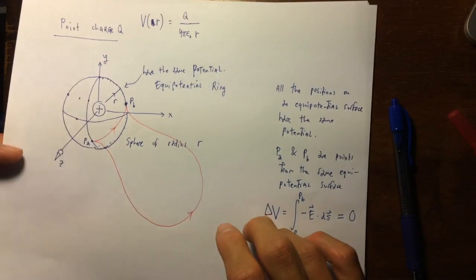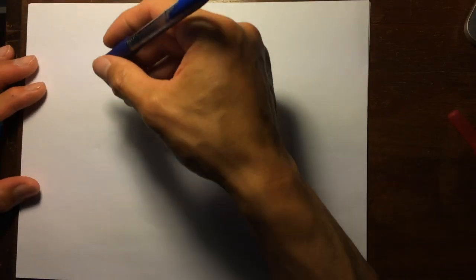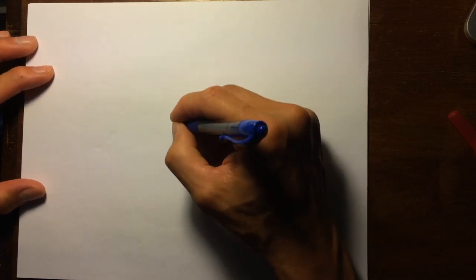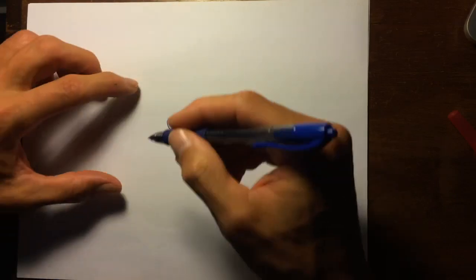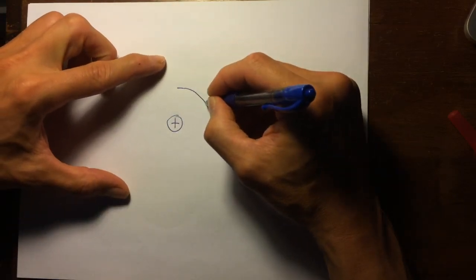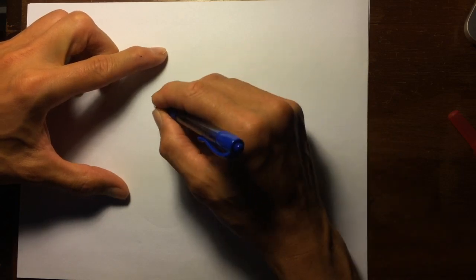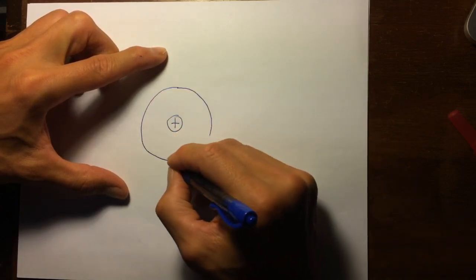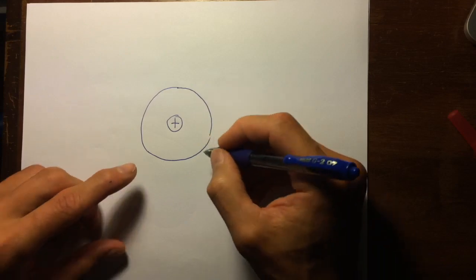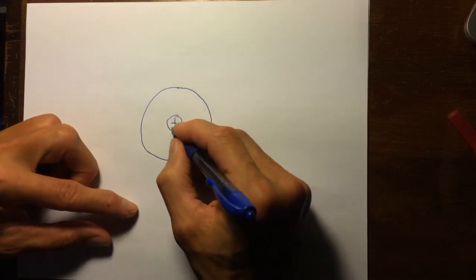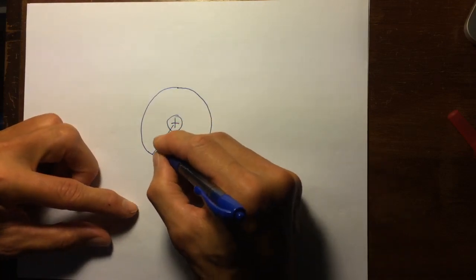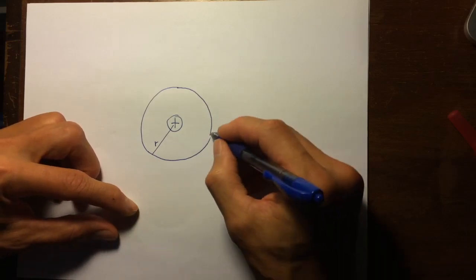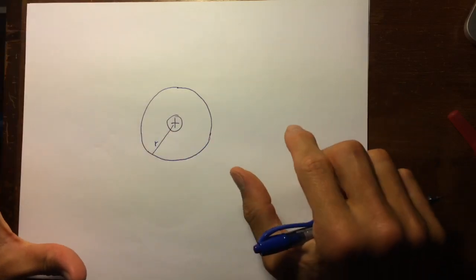Okay, so continuing with this example of a point charge. So here's a point charge Q, and let's say that this is the equipotential surface at the radius R, for example, right? So this is a two-dimensional depiction.